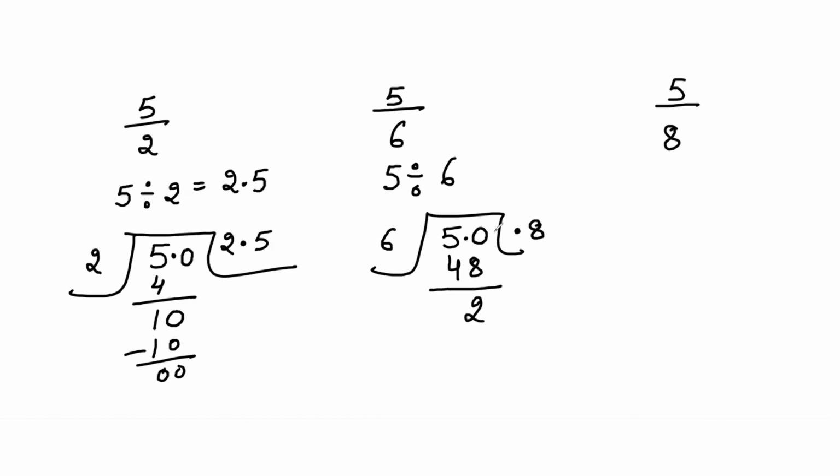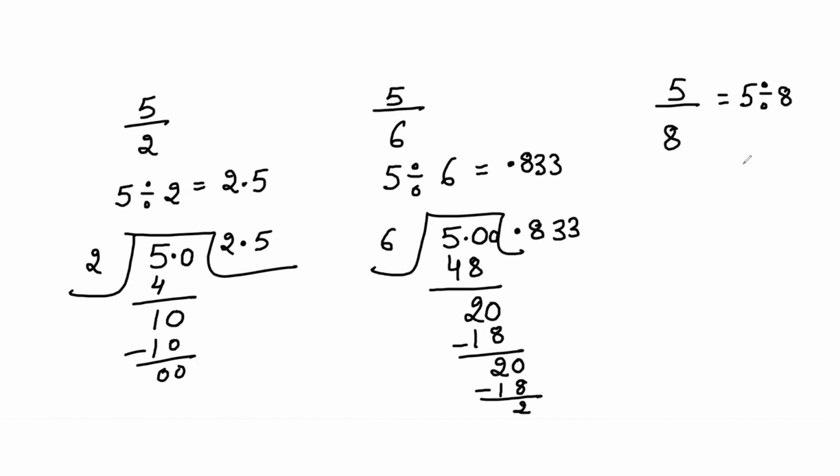Now I can add another 0, which is 20. 6 3s are 18. Then again I'll get a 2. I'll keep getting remainder 2 again and again. So I can keep it like 0.833.